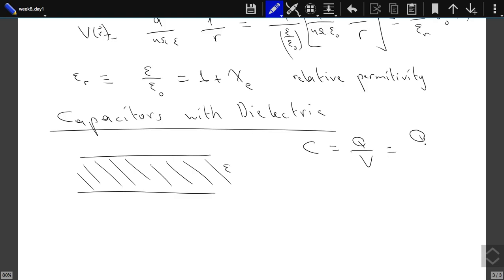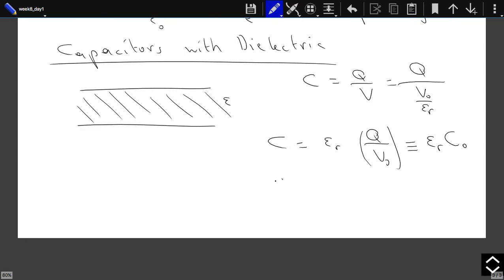So this is equal to Q over V0 divided by epsilon r. So C is equal to epsilon r times Q over V0. So the capacitance, if you put a dielectric, increases by this relative permittivity.